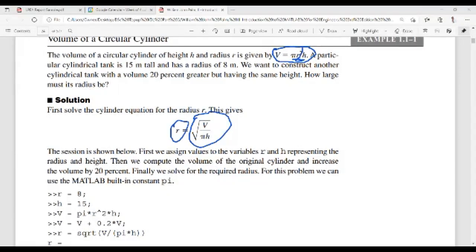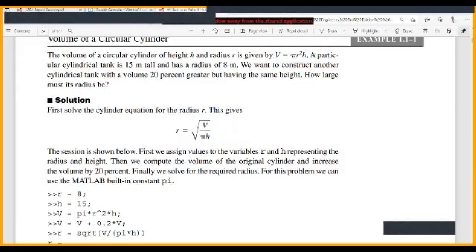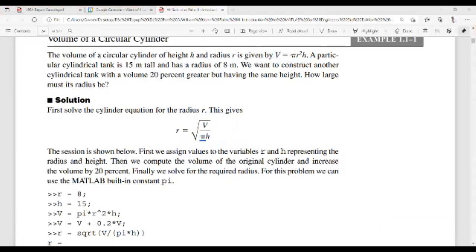Are you okay with how to make it the subject? Yeah. Okay. Once that is done, how do you type pi in MATLAB? You type it by just spelling pi. If you type pi, it will give you the value of pi. Are you okay?